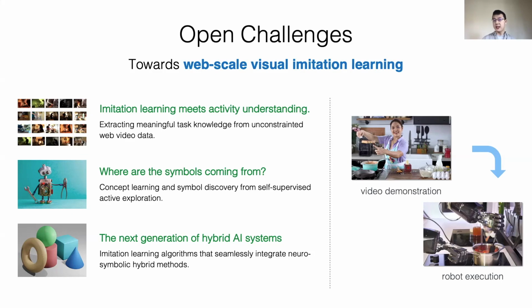But to apply these methods to real-world web videos, we need more advanced video processing and activity recognition methods from computer vision to be able to extract more meaningful procedural knowledge from unconstrained video data in order to achieve our dream of learning from YouTube to cook or install IKEA furniture.